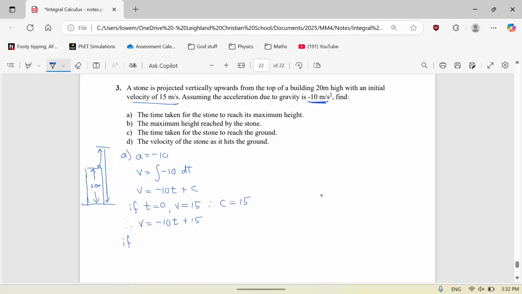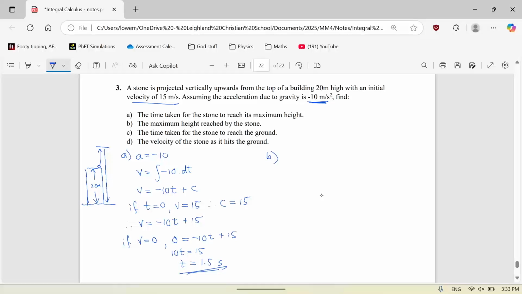So if v equals 0, then 0 equals negative 10t plus 15. 10t must equal 15. t must equal 1.5 seconds. So that's how long it takes to reach its maximum height.